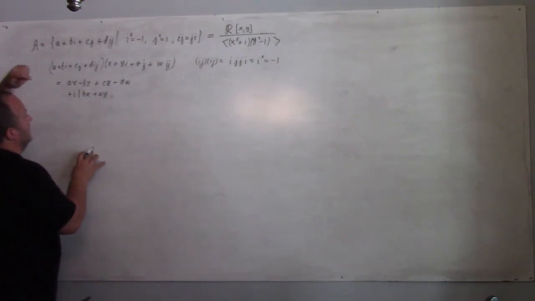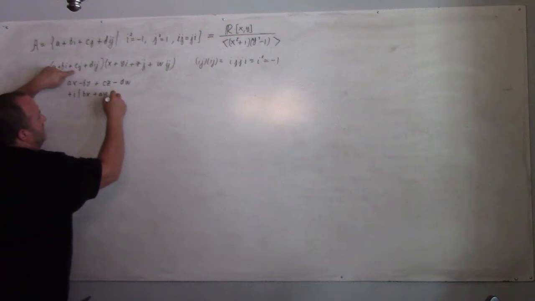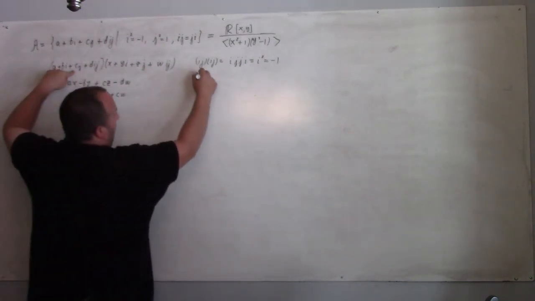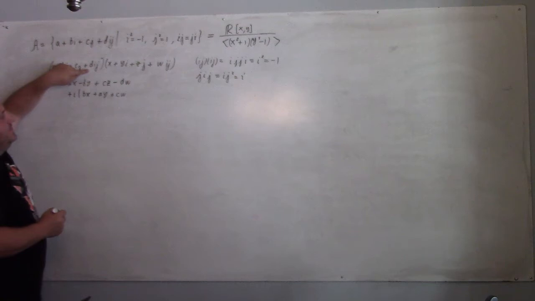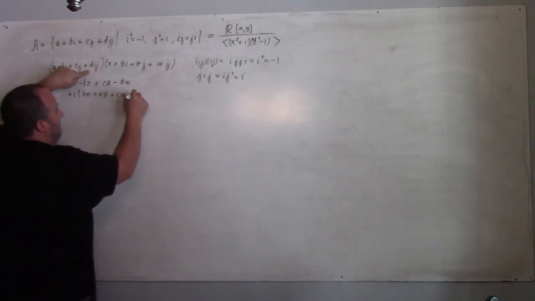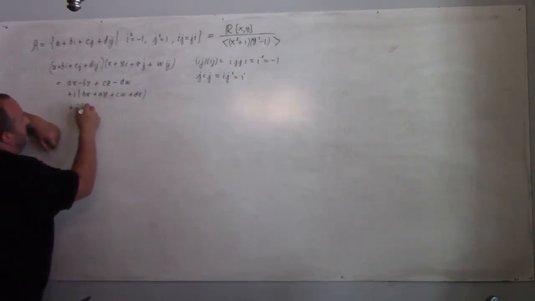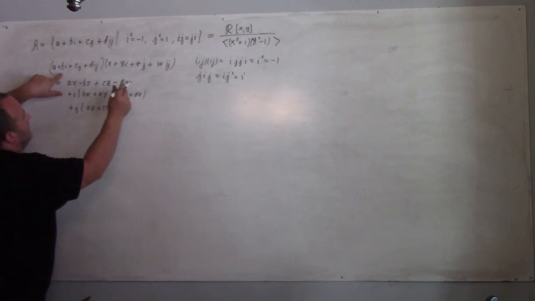Let's see here, CW, because J times IJ. And DZ plus DZ, right? Plus J times AZ plus BW, minus BW.